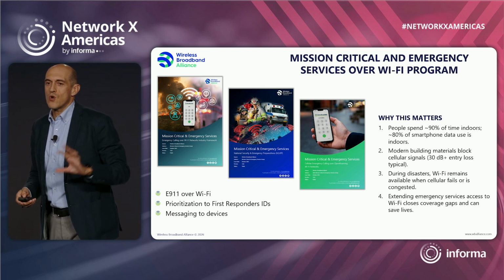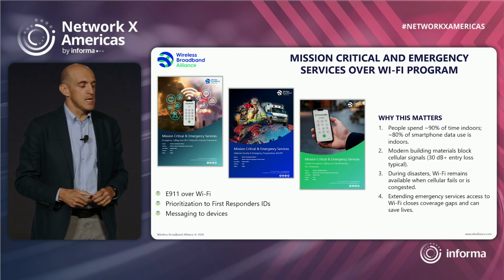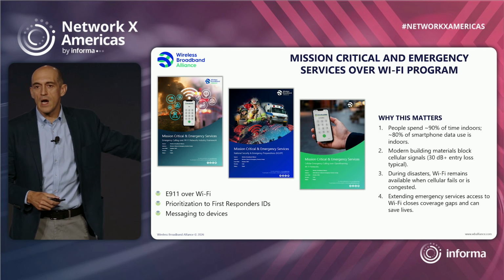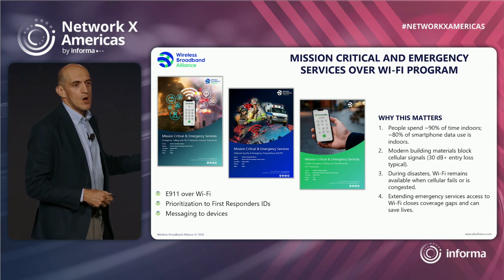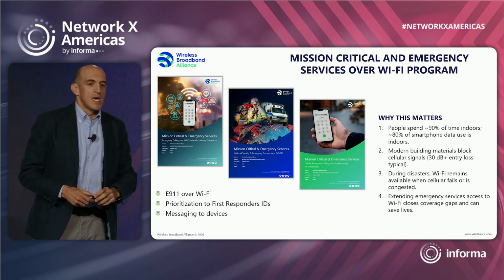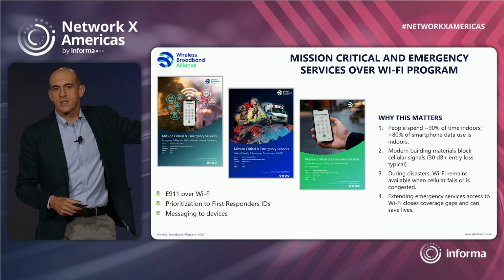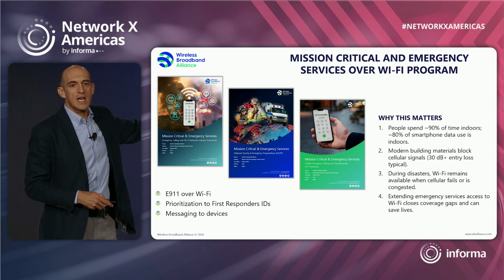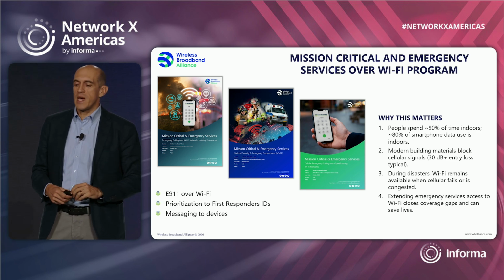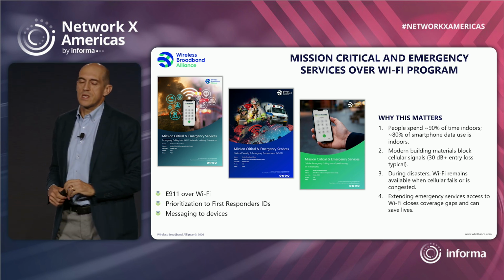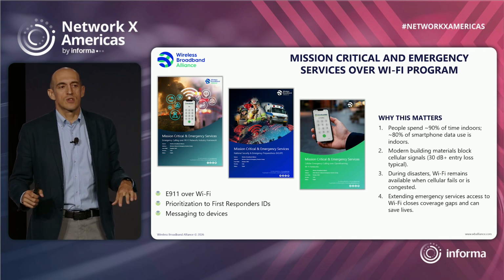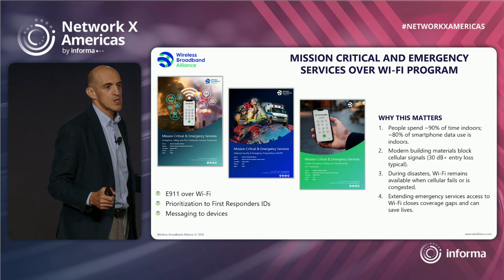I don't have the time to go deeply into the program, but the question is, how can we run E911 calls over Wi-Fi when cellular is not available, or when we are not using a SIM-based credential? As well, how can you prioritize first responders' identities over a Wi-Fi network? And how can we have mass messaging from the network for all users connected to a network in scenarios where there is no cellular coverage?